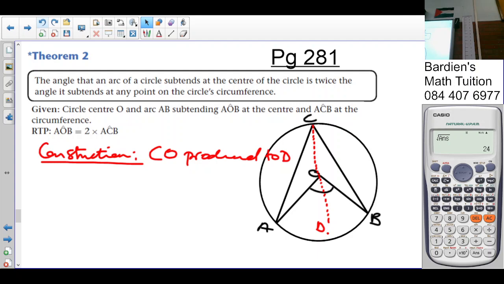So what is formulating here is C1, C2, D1, D2, C1, C2, O1, O2.